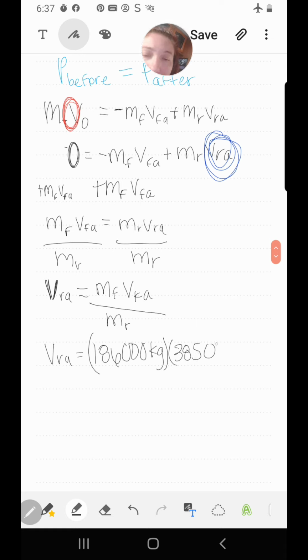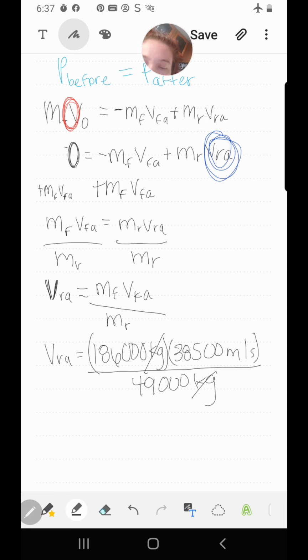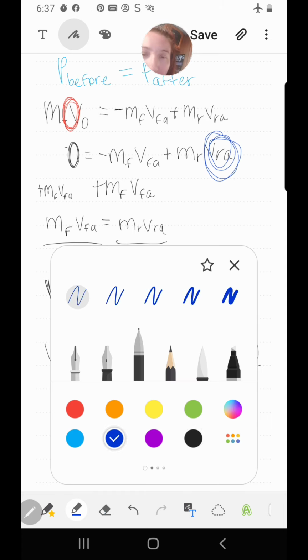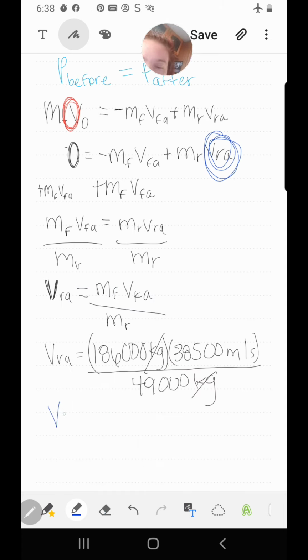And that's all divided by the mass of the rocket, which is 49,000 kilograms. Okay, kilograms cancels out. And we are left with the velocity of the rocket, which is 146,142 meters per second. That's it.